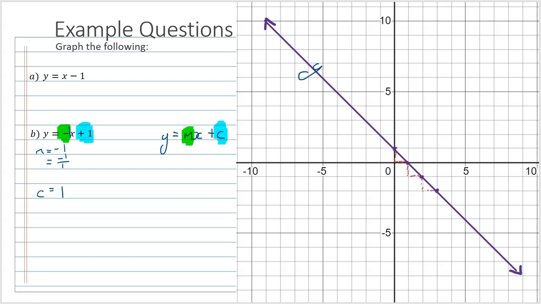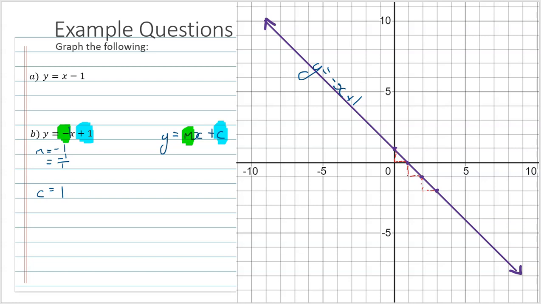So we've got y equals -x plus 1. Notice that the line, as x increases, the y values decrease. That is because we've got a negative gradient. Negative because there's a negative number in place of the m.